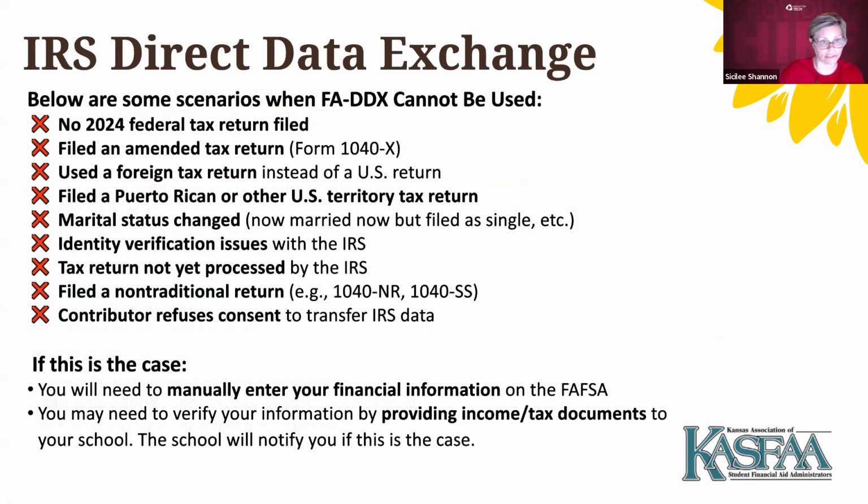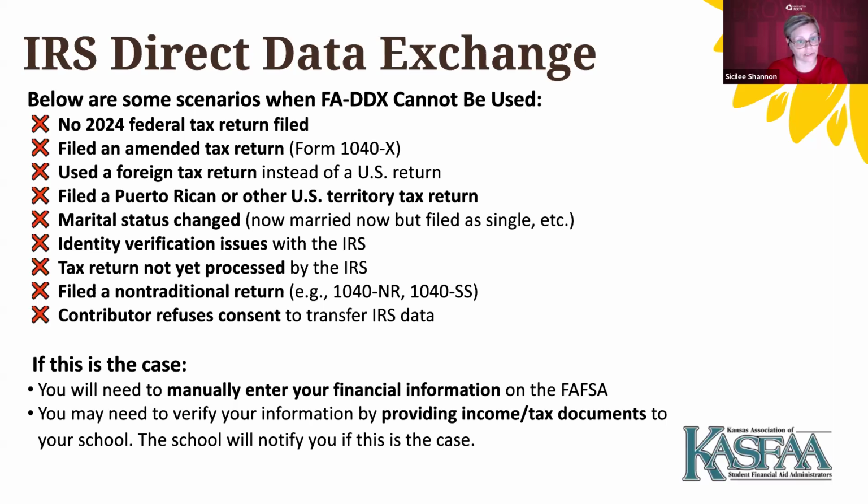Here's some additional information regarding the Direct Data Exchange, or the FA-DDX, in terms of when it cannot be used. So as we know, the 26-27 FAFSA does utilize the 2024 federal tax information. So it's not going to be able to be used if you did not file a tax return, if your return for any reason was amended, if for any reason you have foreign income or a foreign tax return.